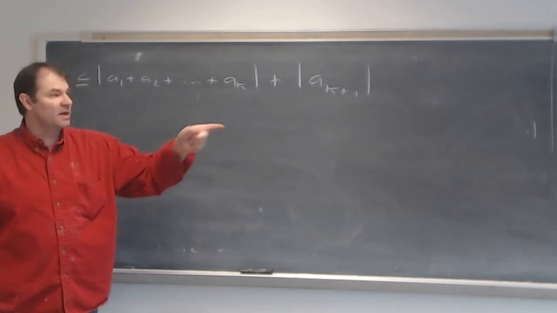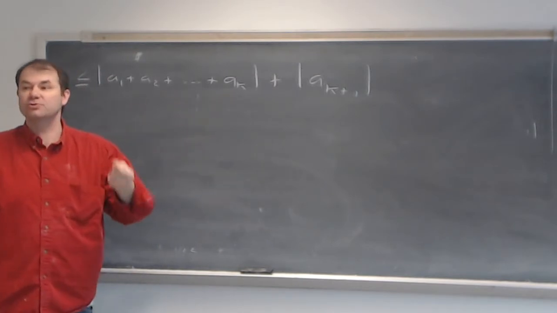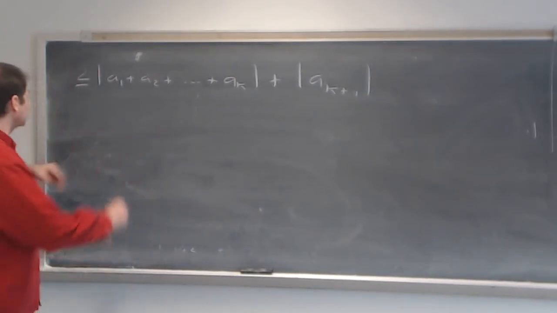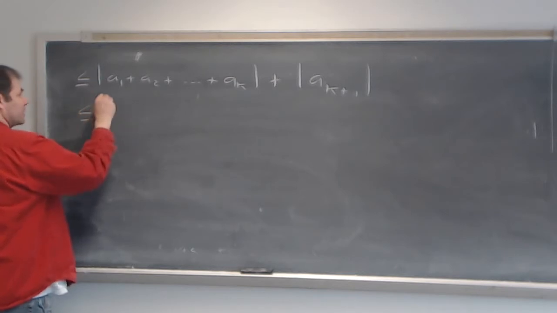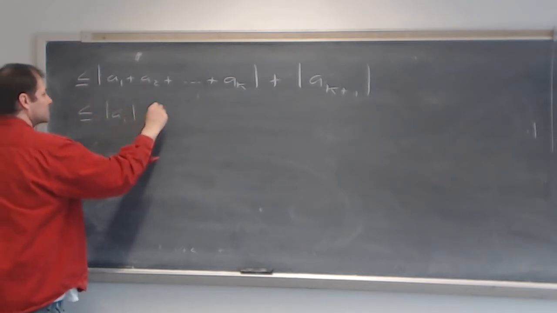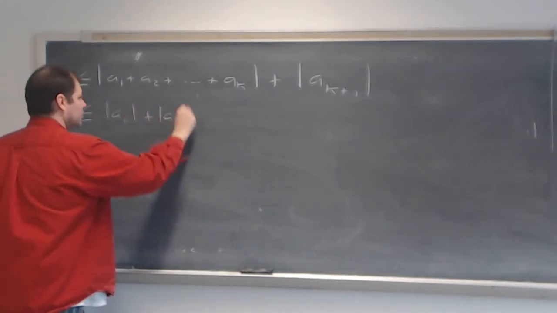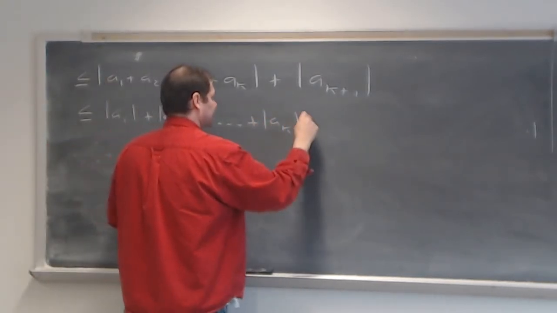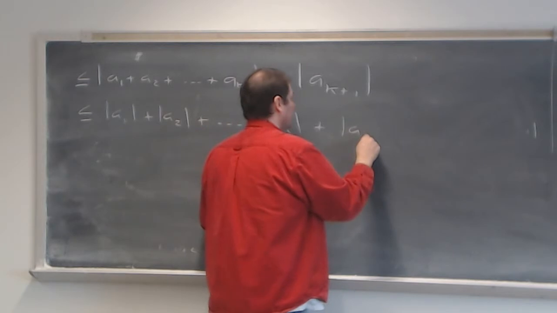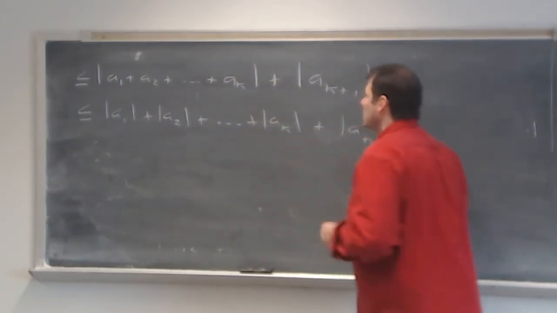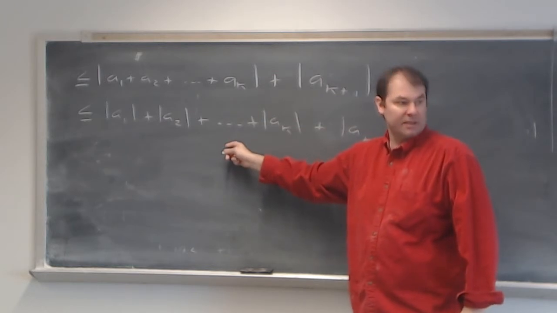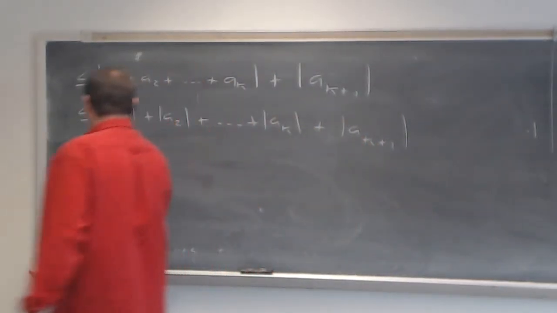What we're assuming in this case is that our statement is true when we only have k numbers. So this part right here is just less than or equal to the absolute value of a sub 1 plus the absolute value of a sub 2 plus all the way up to the absolute value of a sub k. And then plus this guy here. So what I'm doing is replacing this quantity by a bigger quantity, and so it becomes bigger.